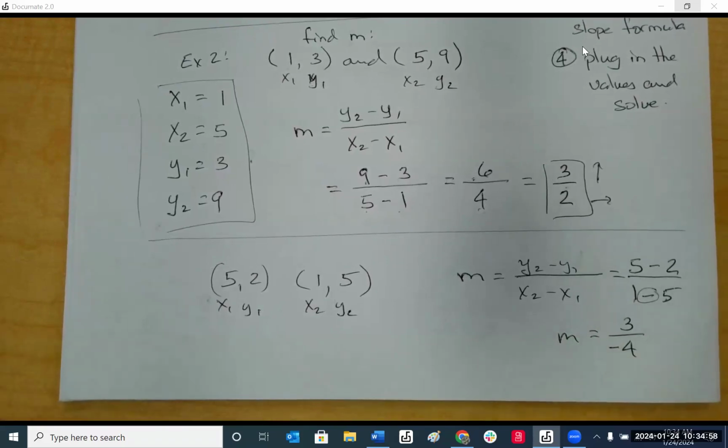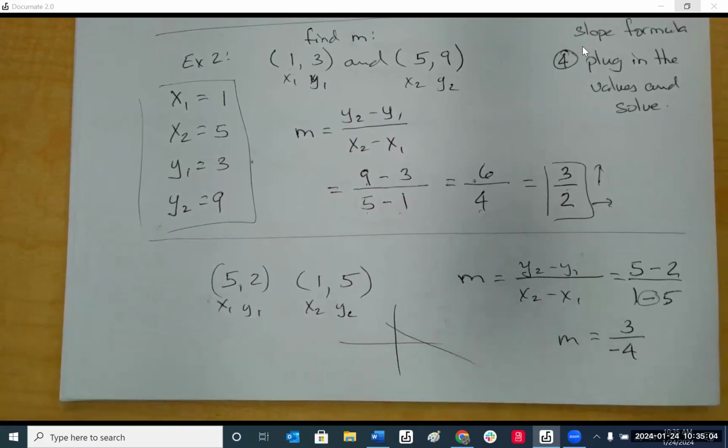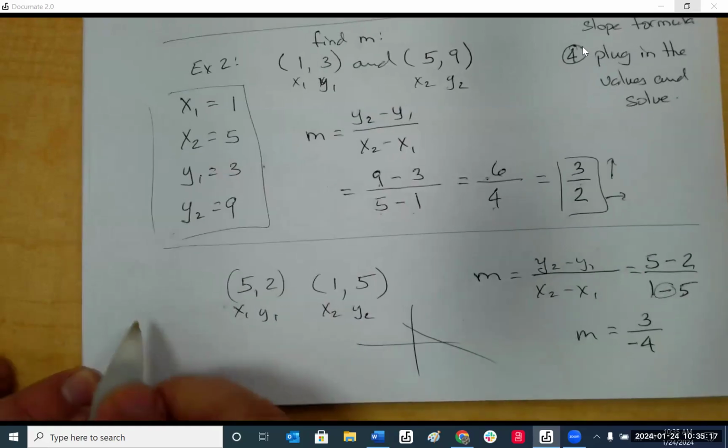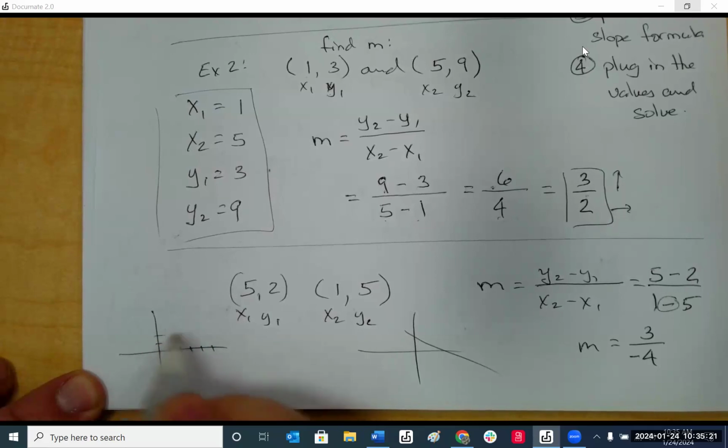What does that tell you the graph looks like? Right. It looks something like that. That's a negative slope. Let's plot these points. 1, 2, 3, 4, 5. 1, 2.